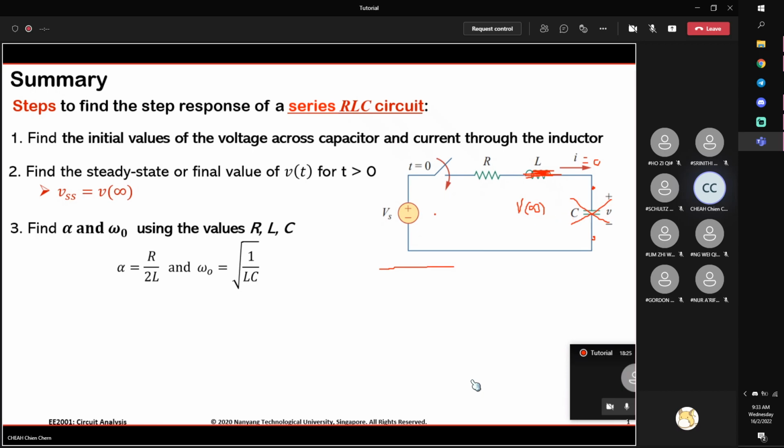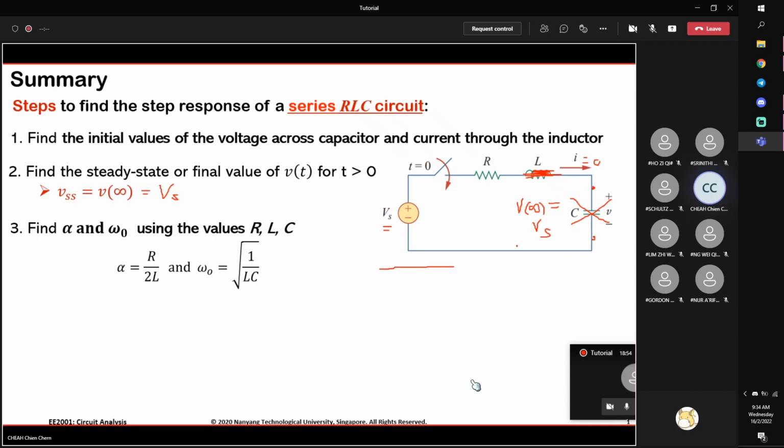This voltage will be equal to Vs because there's no current flowing through. Here, i equals 0. If i is equal to 0, Ohm's law says that the voltage across the resistor is also 0. i times R is the voltage across; current 0 multiplied by any resistance, you get 0. So the voltage across this capacitor at steady state is equal to this voltage over here.